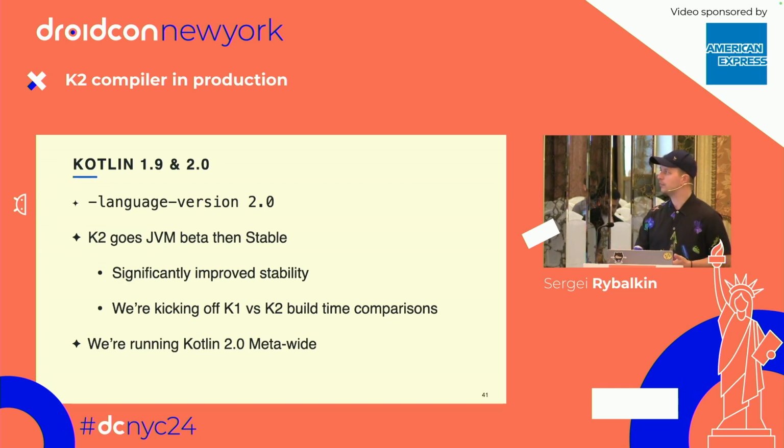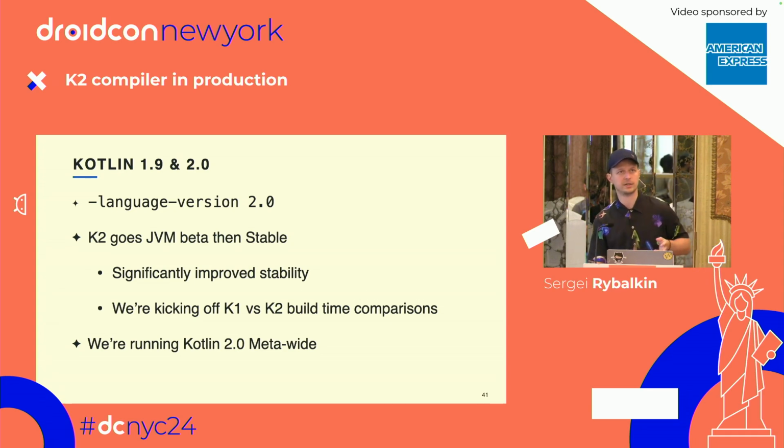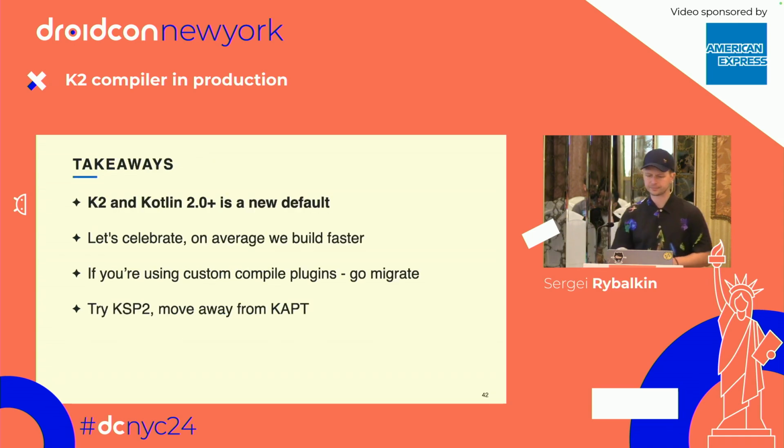We are kicking off K2 versus K1 build time comparisons on a regular basis, especially when new targets apply the K2 compiler. And now we are already running K2 Meta-wide on probably all of our major applications, which was a big win for developer productivity.